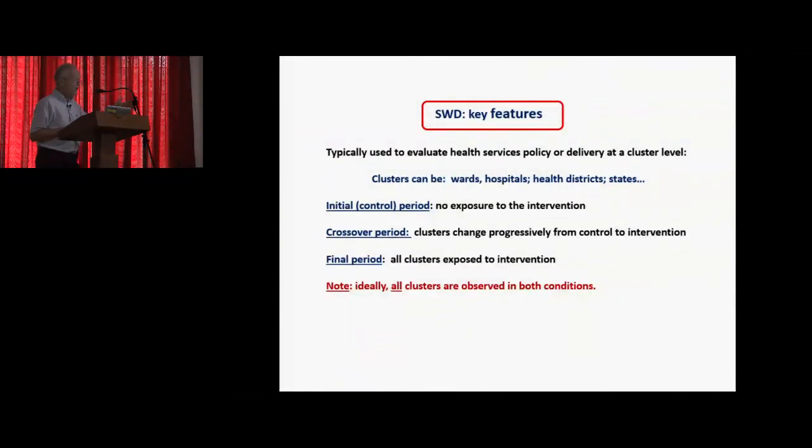Everybody moves in the same direction in this stepped wedge design. You move from no intervention to intervention, but that happens at different times depending on the cluster. And so at the end, all the clusters should have been exposed to the intervention, and in the ideal setting, all the clusters are observed in both conditions, meaning with control or with the intervention.